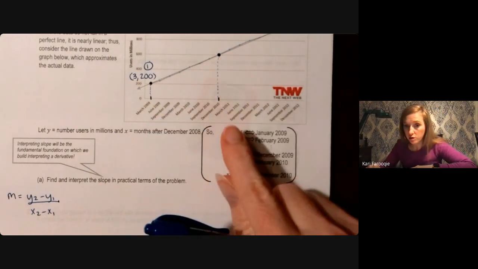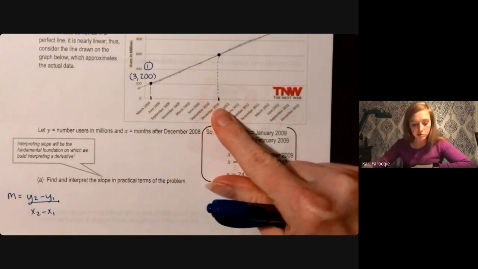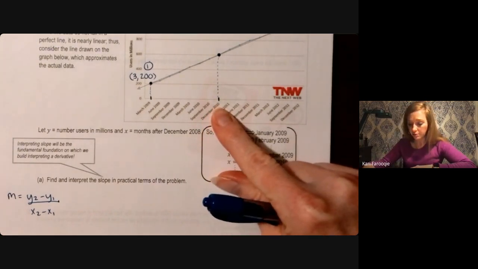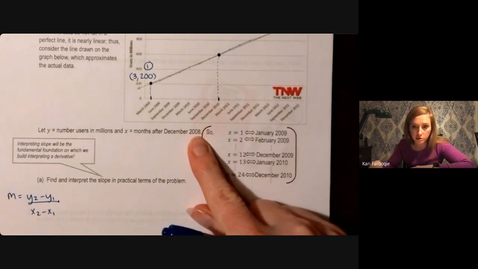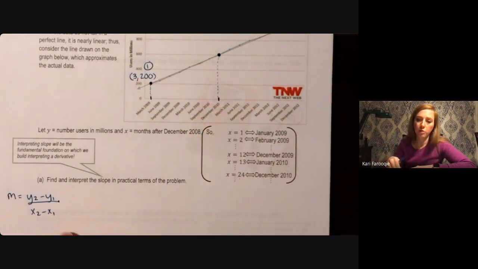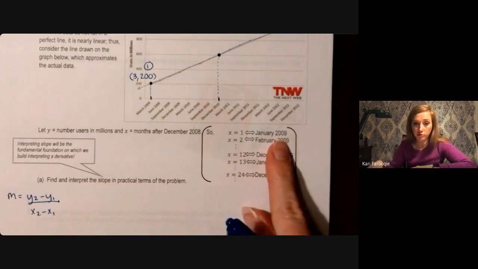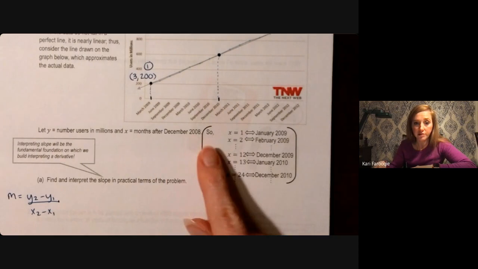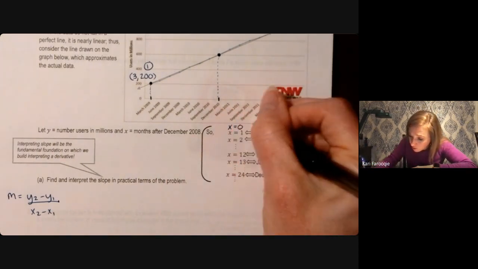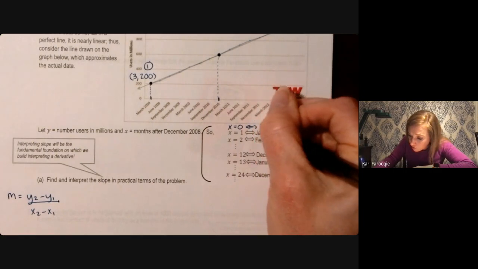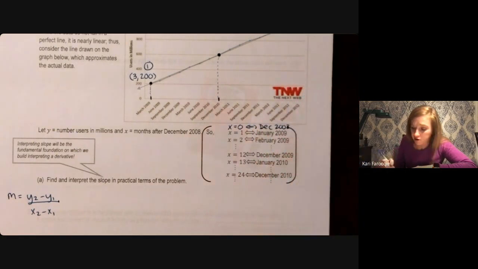This one's a little bit trickier because now we need to figure out what value of x would correspond to December of 2010. But the nice thing is you were given information about December of 2008. So we can kind of go from one December to the next. If x equals 1 in January of 2009 and x is months after December 2008, that must mean that x equals 0 corresponds to December 2008.